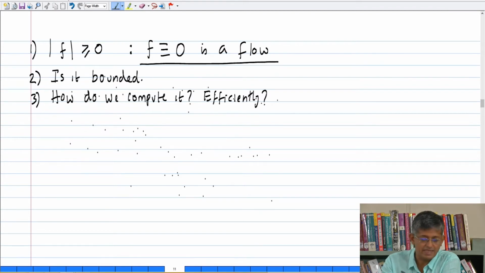So now let's do an example. This example is taken out of the textbook by Cormen, Leiserson, Rivest and Stein, the 3rd edition. So it's exactly the same example that I have.